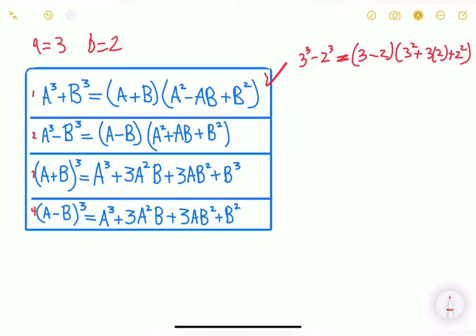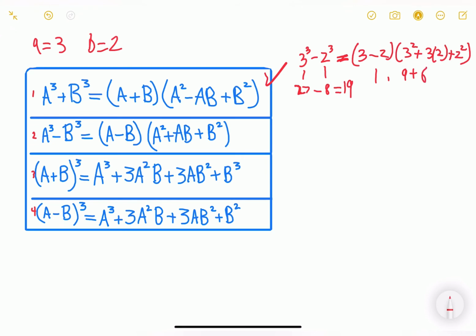Okay, so we said that 3 cubed is 27, and 2 cubed is 8. And what is 27 minus 8? 27 minus 8 is 19. And let's try out the next one. So what is 3 minus 2? It's 1. We're going to multiply. What's 3 squared? 3 squared is 9, plus what's 3 times 2? 3 times 2 is 6.